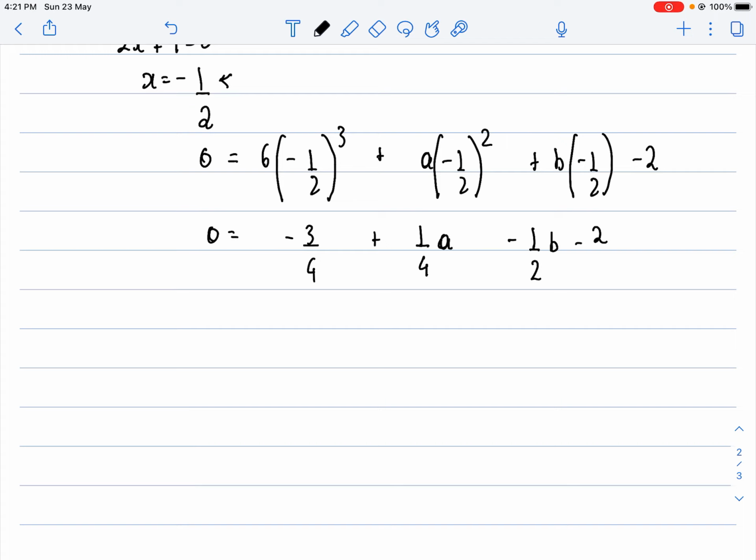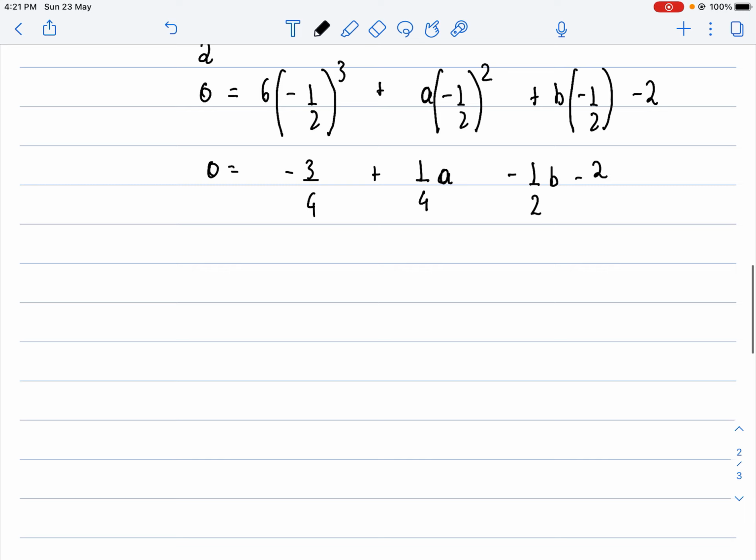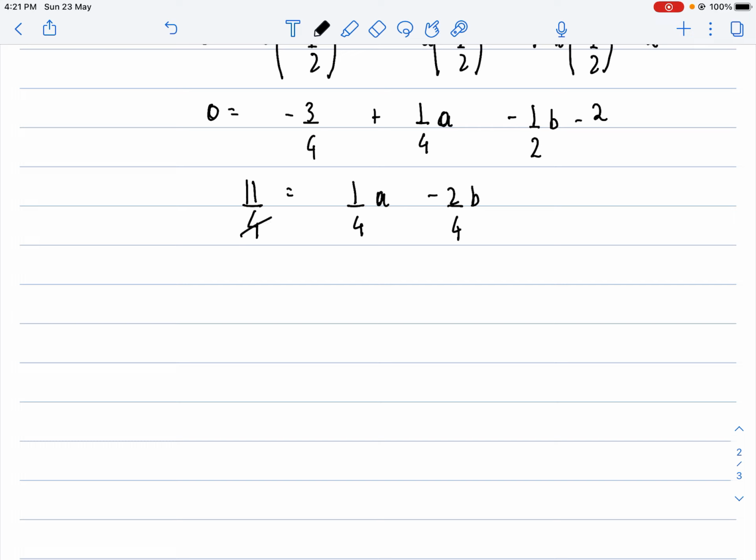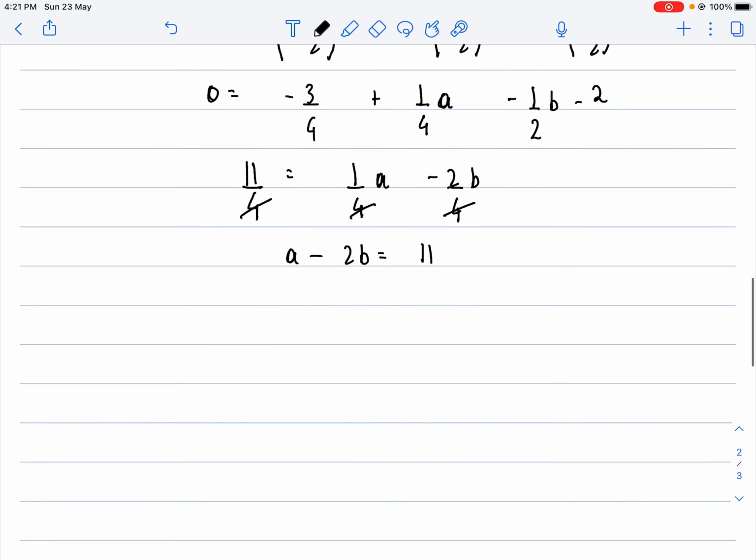So this is minus 3 by 4 minus 2, which is simply minus 11 by 4, which is simply 11 by 4 equals to 1 over 4a, minus, I can write 1 upon 2 as 2 over 4b. Now I can simply cut the 4's everywhere. So I can write this as a minus 2b equals to 11. So I can say this is my equation number 1.